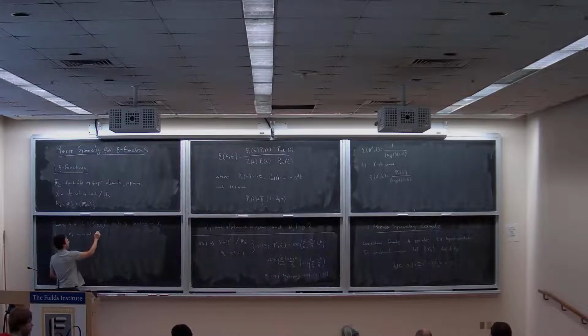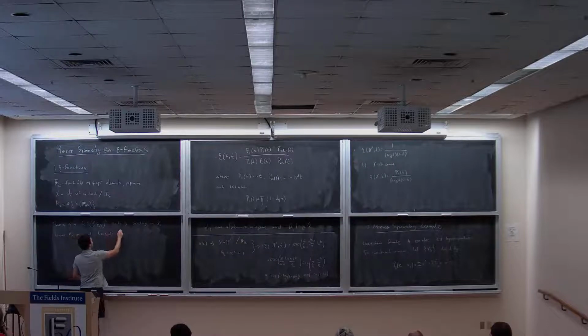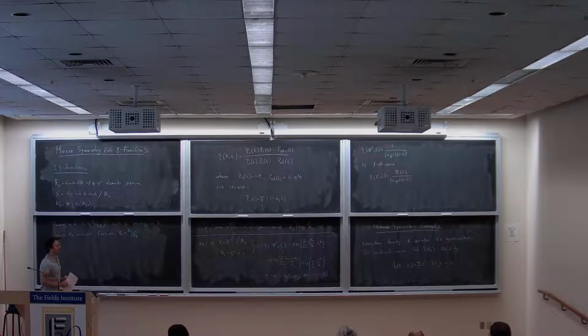And so therefore, it makes sense to consider the quotient, call it Y_lambda, of X_lambda by this group action. And so this Y_lambda I can call the singular mirror of a quintic.